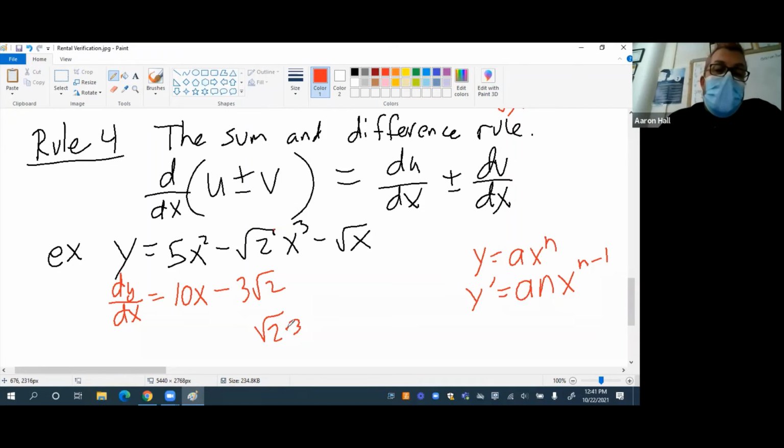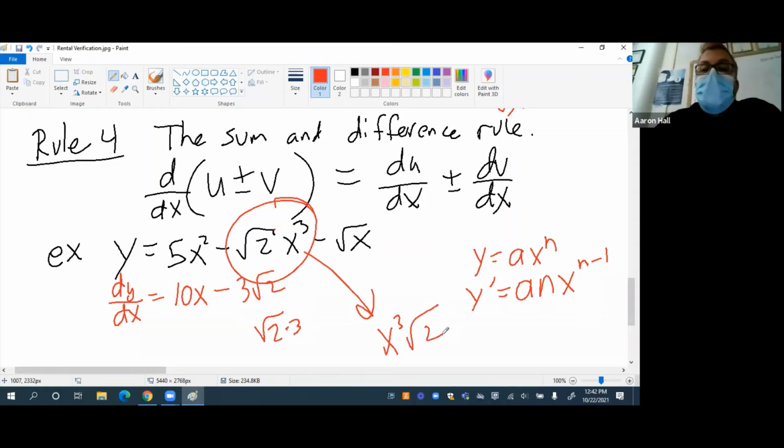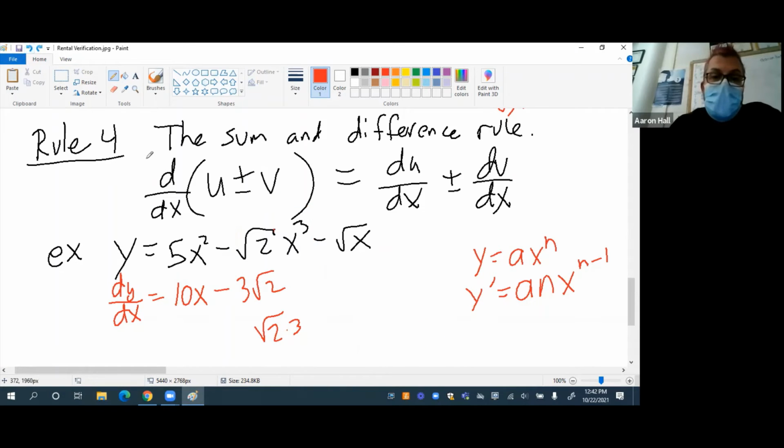That's why normally I would write this as x cubed times the square root of 2 for that very purpose. If you put this behind it, then we have that confusion. So in standard form, we really should write it like this, with the x before the square root of 2 as well, and then after the 3.